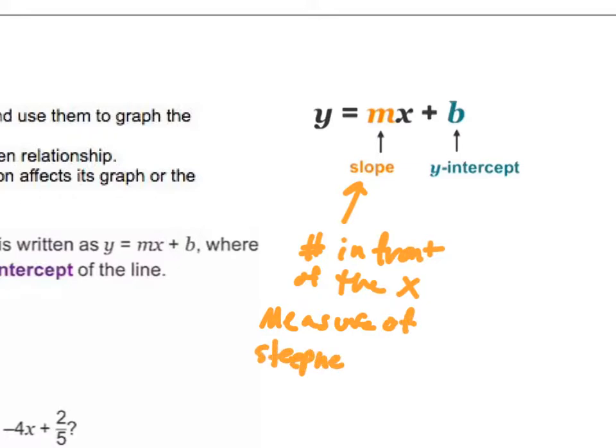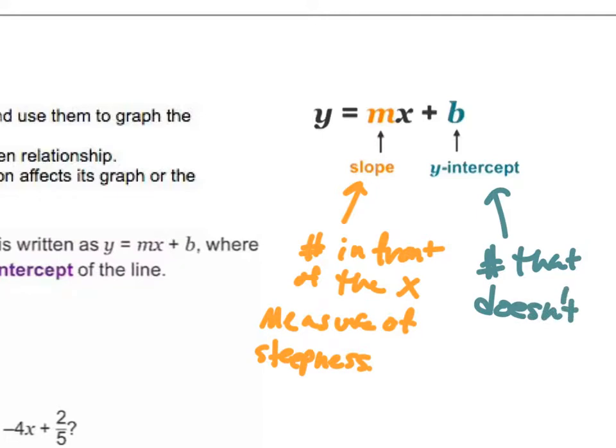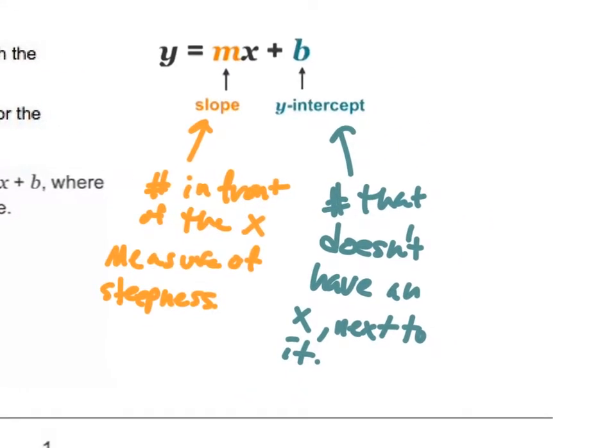Okay. And then the next number is the y-intercept. And the y-intercept is the number that doesn't have an x next to it. Okay, and this is the point.